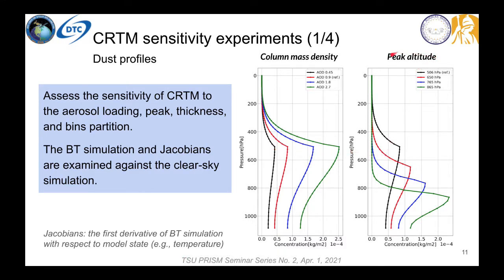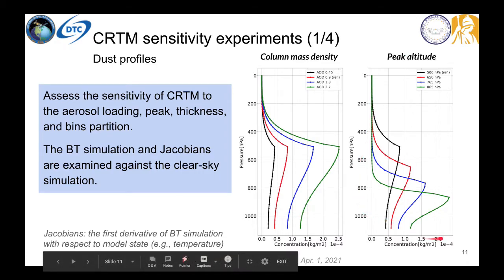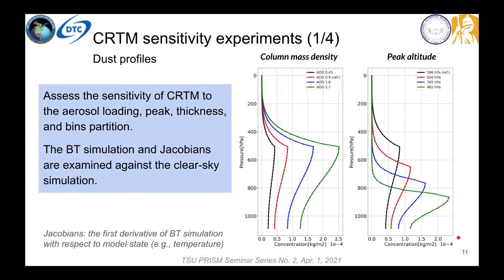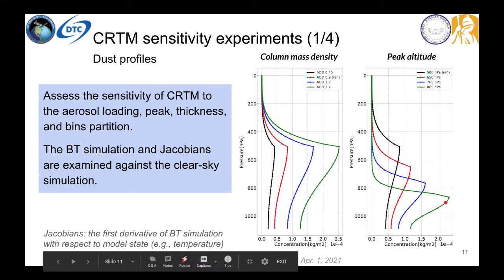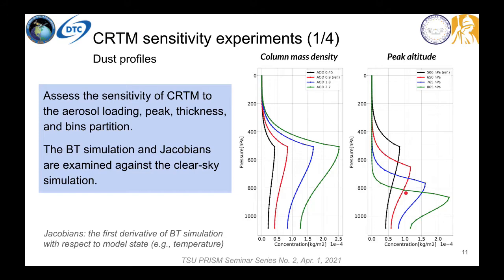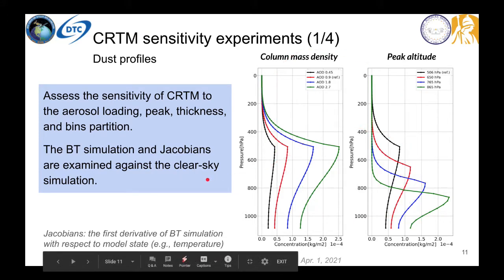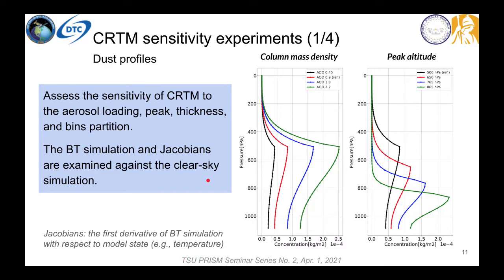So in the next section, I will show the CRTM sensitivity test. In this section, I manually generate the dust aerosol profile to assess the sensitivity of the CRTM simulations.